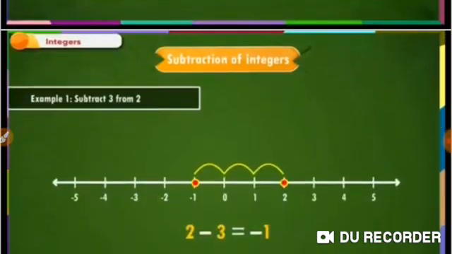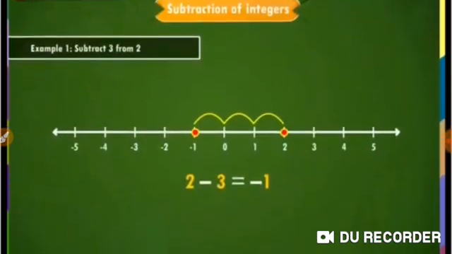Now let us do an example on this. Subtract 3 from 2. So it is 2 minus plus 3. 3 is a positive integer and minus plus is minus. Let us first denote it on the number line. First, we will locate 2 on the number line, which is here.